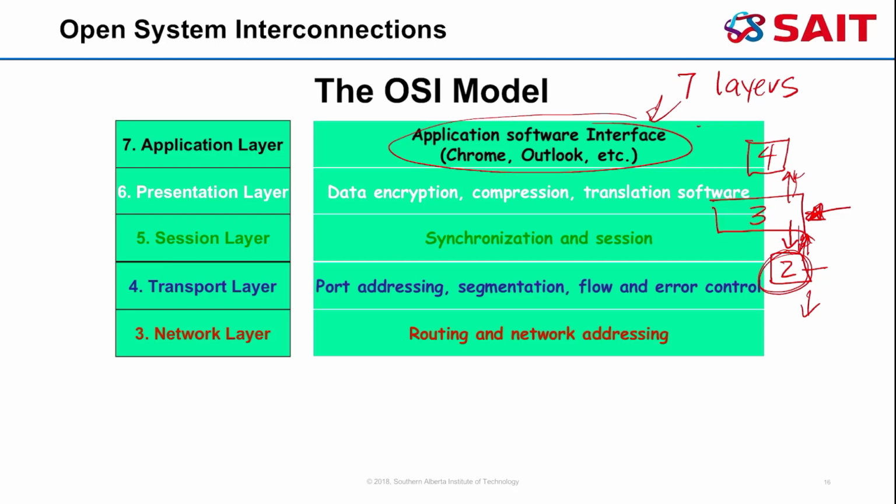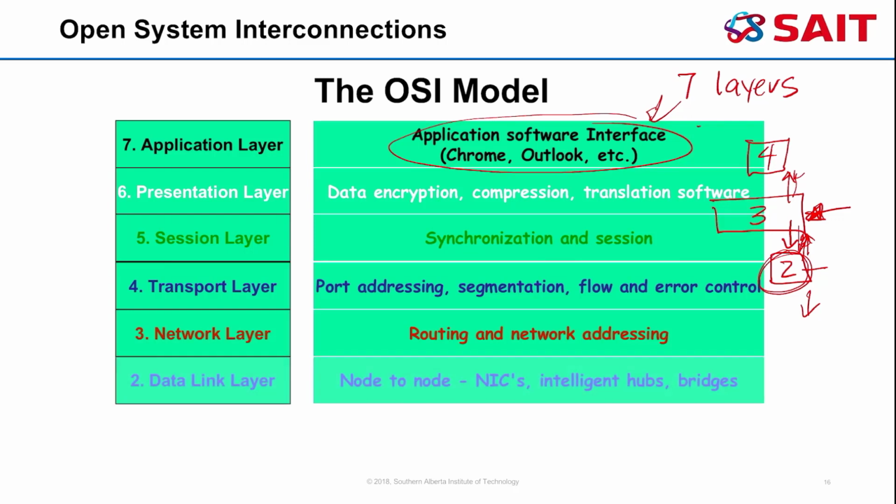Now, as it goes through the network, it can encounter many layer 3 devices, and their job is to route the traffic based on the layer 3 protocols that are added to the message to get it to the right destination. So that's layer 3, and this is where you find routers. So routing and network addressing, or IP addresses, are found here. And you have your layer 2, which is your data link layer.